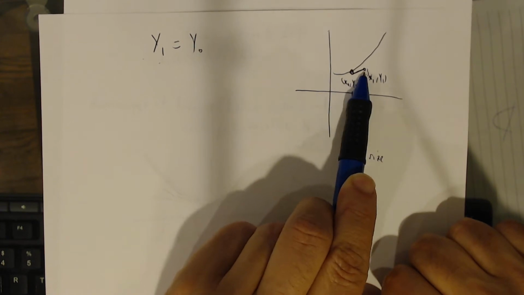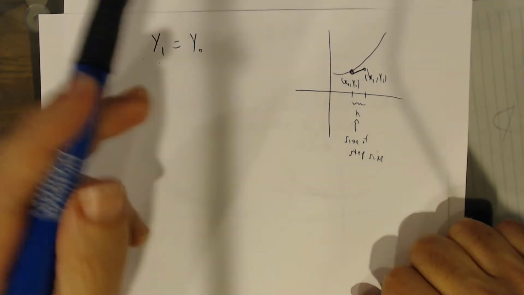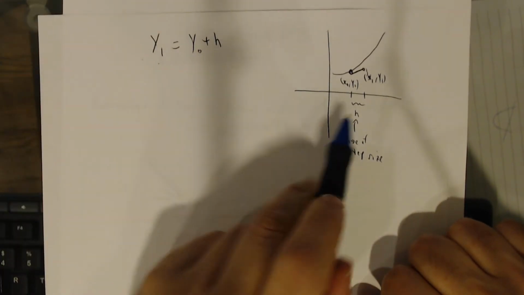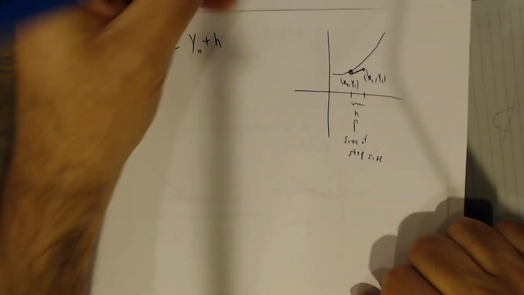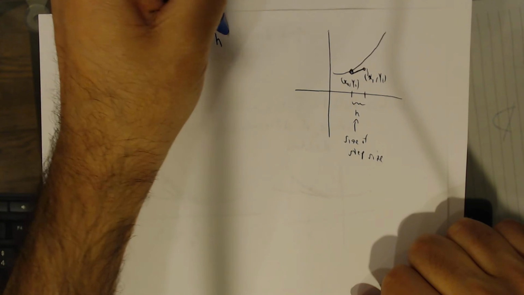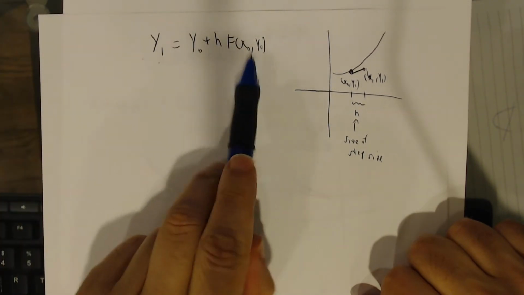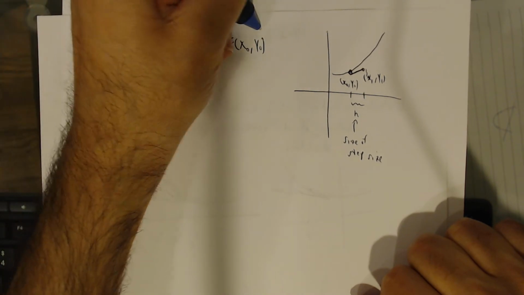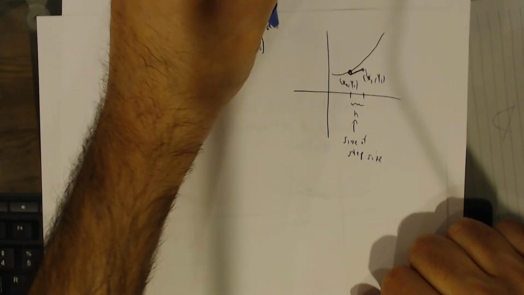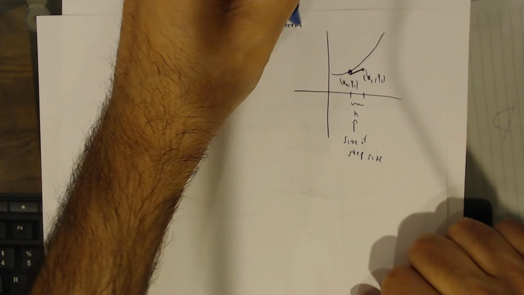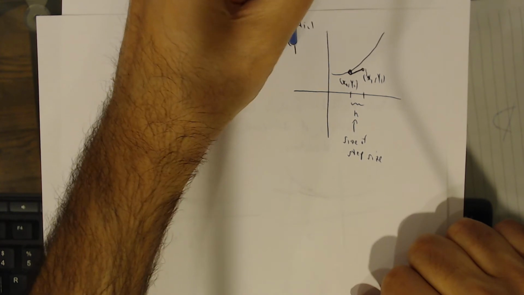Because after all, this is the slope of the tangent line. So what I need to do is I'll just say plus h, which is my run, times capital F of x sub 0, y sub 0. And capital F, we would call the differential equation. So that's basically the derivative.